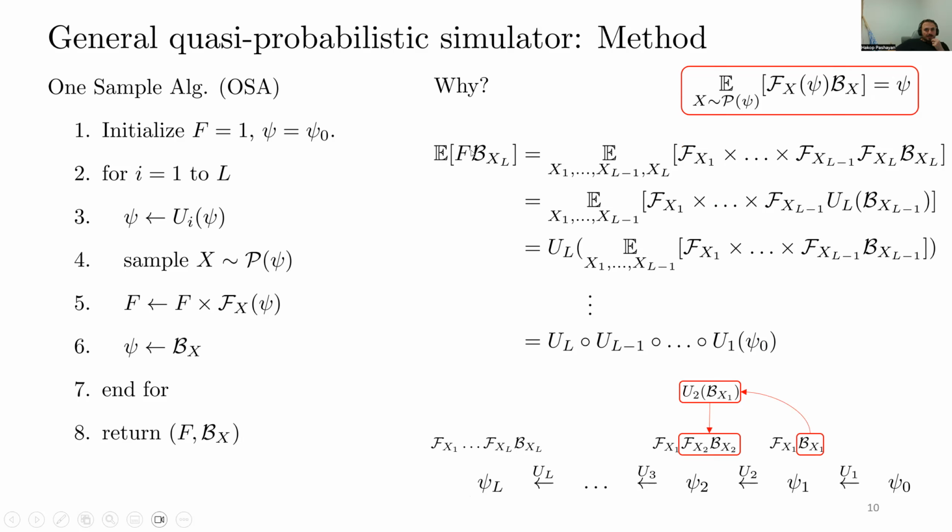And how does that work? Well, let's just expand out what this is. This f is just the product of all these f's, and this bL is just bL. And what do we mean when we take the expectation value? We're taking the expectation value over all points in phase space according to their probability distributions.